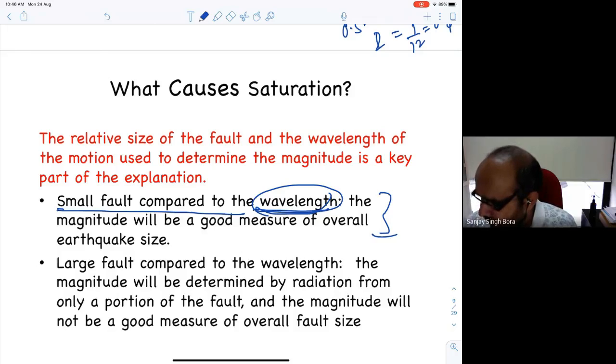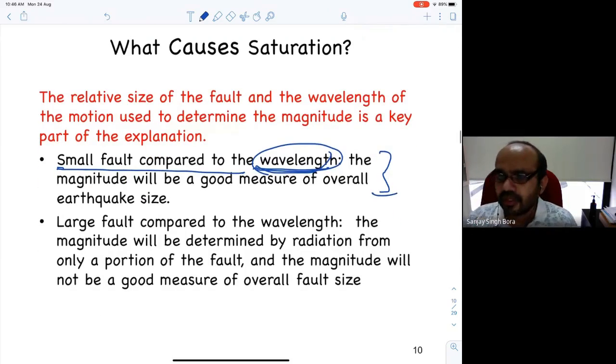But now your fault has become very large, and your wavelength is small. So what will happen?